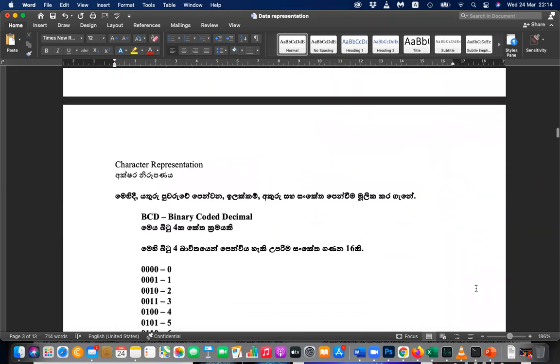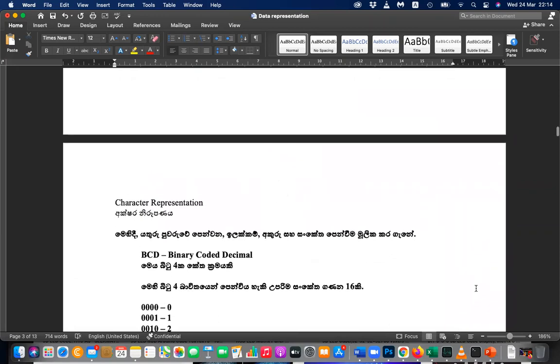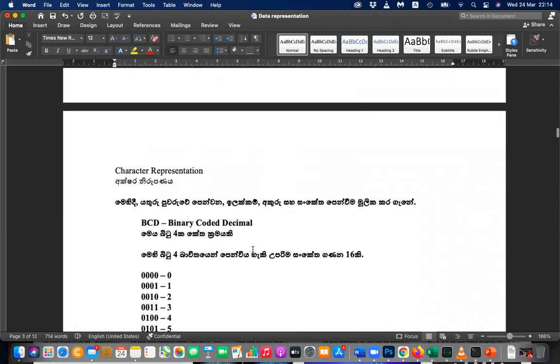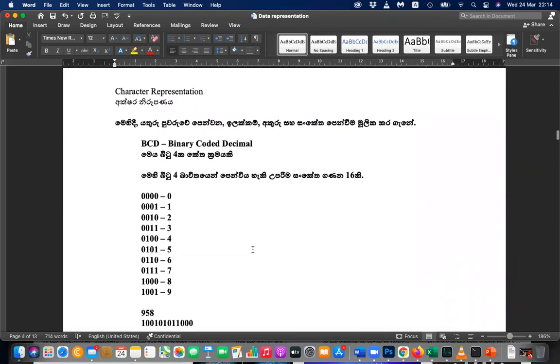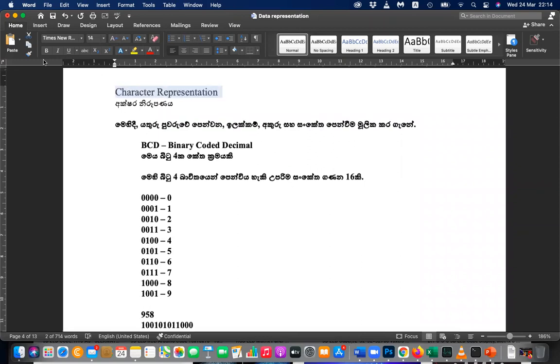And let's move to our original topic, which is character representation, that is in the grade 10 syllabus, right? So please write down the heading, character representation: how to represent letters, characters, numbers, and symbols which are used in the keyboard.